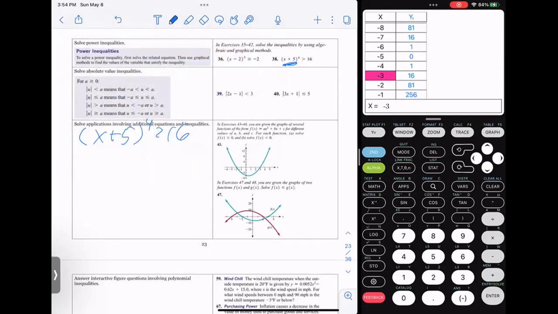So if I want to get x by itself, you can treat inequalities like equalities with some given exceptions. So how do I get rid of this fourth power? How would you get rid of a power of 2? Take the square root of both sides, right? So how would you get rid of the fourth power? Take the fourth root.